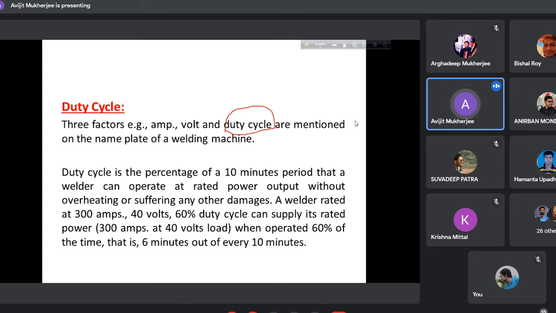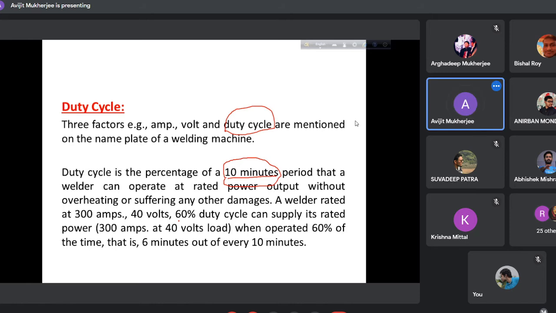What is that concept? Duty cycle is a standard. It is a 10 minutes period. When a welder welds continually for 10 minutes, after that his welded part will be observed and inspected.